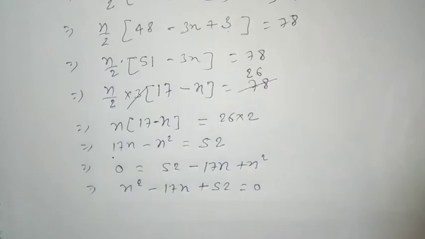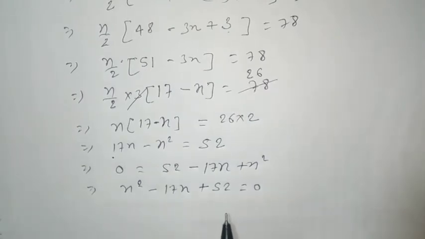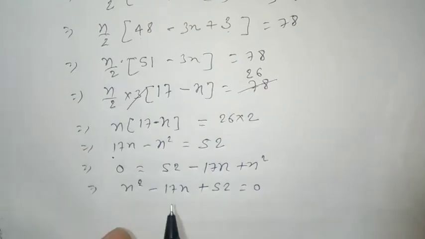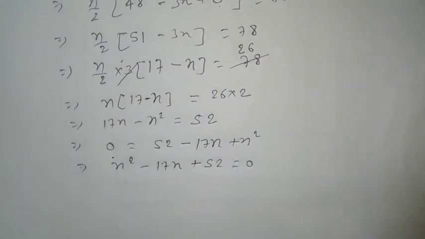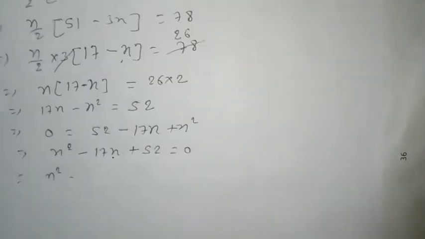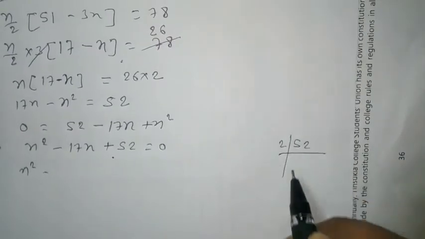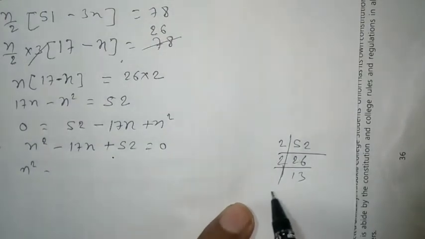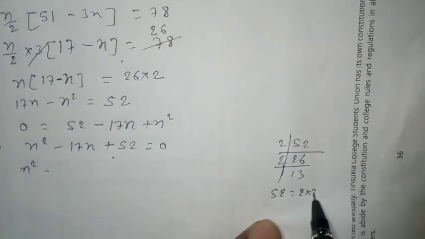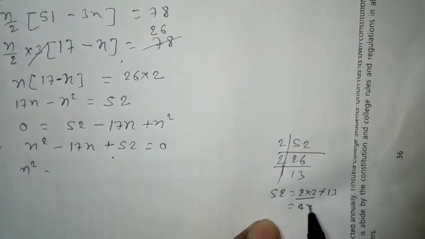Now 52 is divided into two parts such that the sum of these two parts is 17. 52 is equal to 2 into 2 into 13, which means 4 into 13.